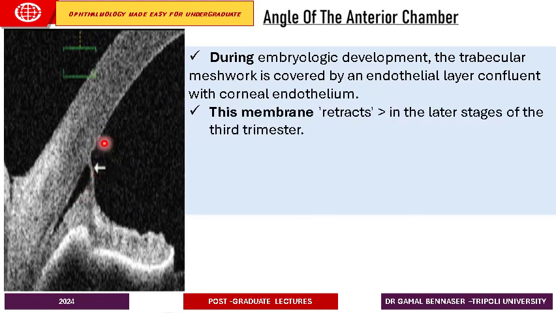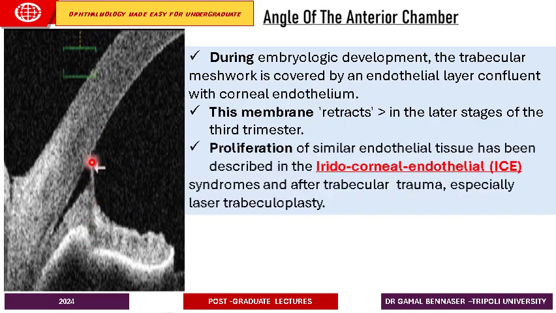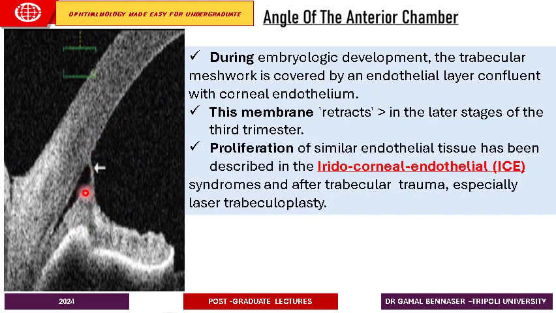Now, for unknown reasons, in some situations this membrane does not disappear, and this membrane has a contractile property, so it will obliterate the angle by making peripheral anterior synechiae, and also create holes in the iris because of the contraction, and lead to secondary glaucoma.